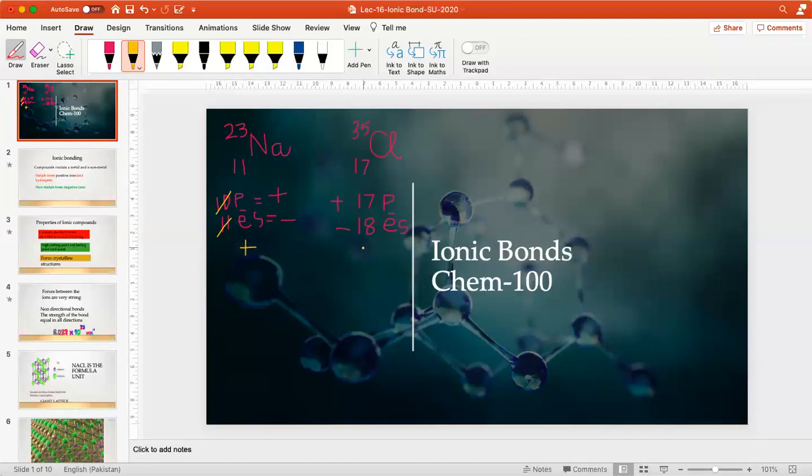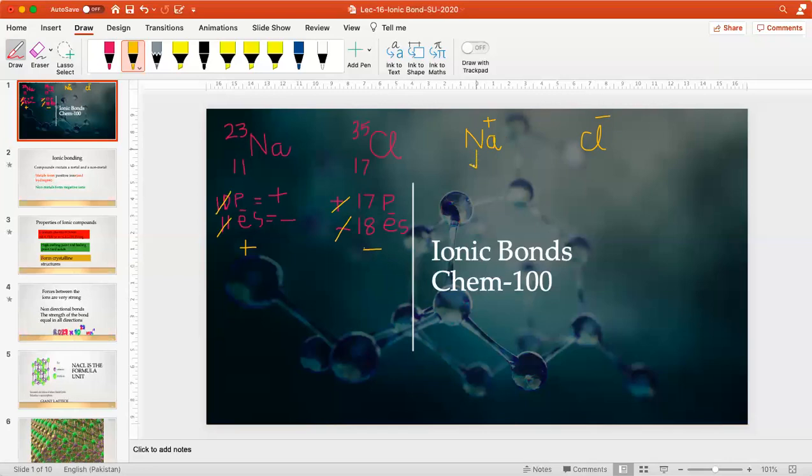Again over here, 17 protons will cancel 17 electrons, okay, and one negative charge is left. In doing so, this one remaining positive charge is placed above the symbol. Similarly, this one extra negative charge I will place above the chlorine.